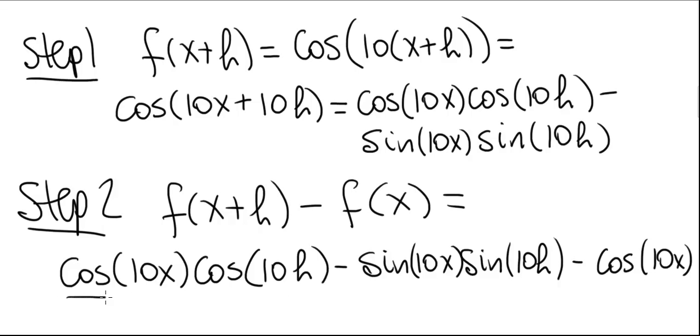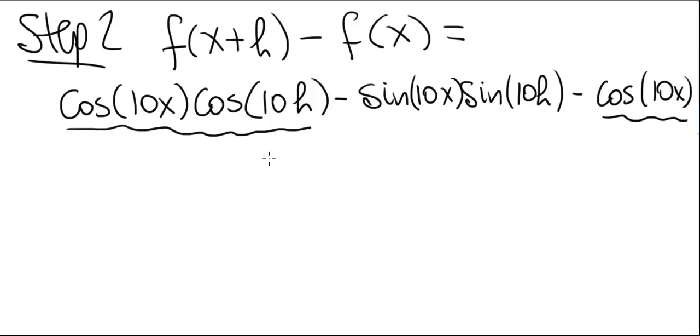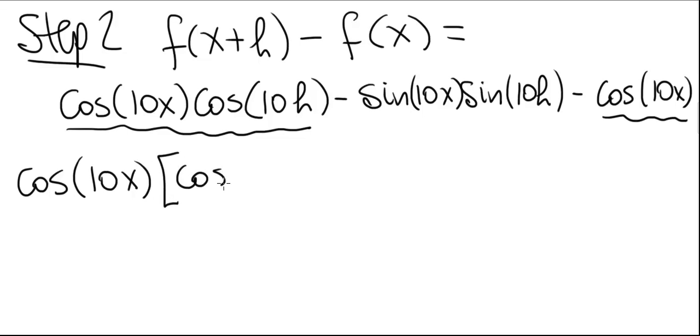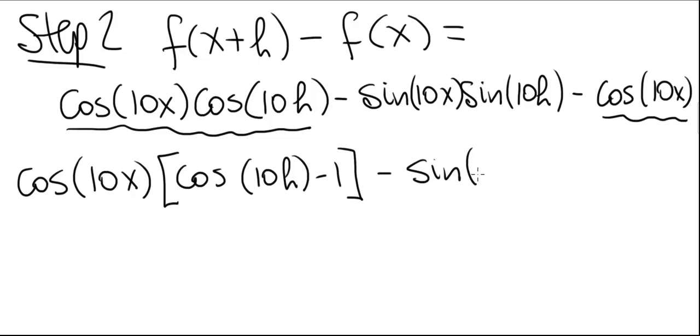Notice that this term here and this last one both contain cosine of 10x, and that's what we're going to factor. So factoring cosine of 10x, we get cosine of 10h minus 1, minus sine of 10x times sine of 10h. Again, that's the end of step 2.